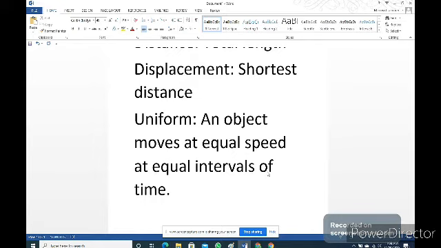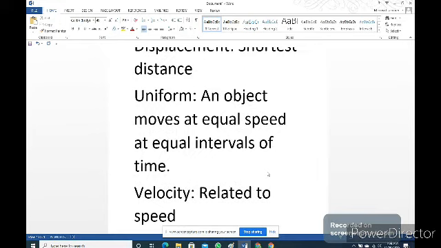It's related to speed only, but it's a vector quantity. The SI unit of velocity and speed is the same: meter per second. The unit of acceleration is meter per second square.